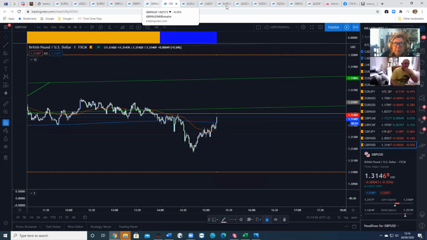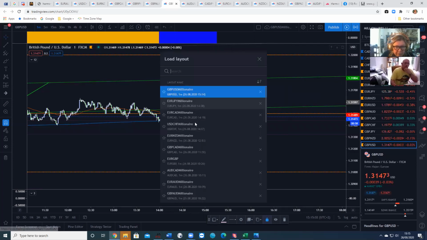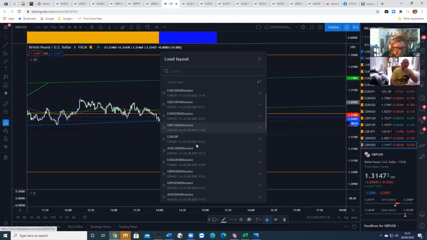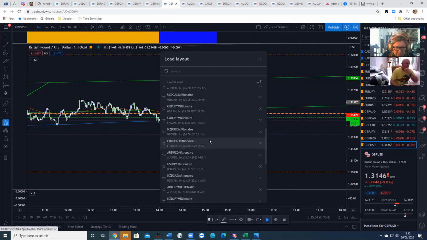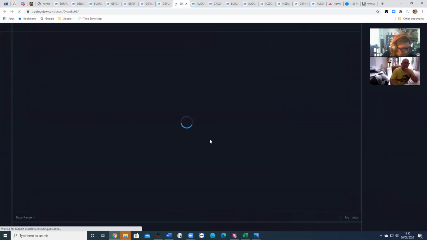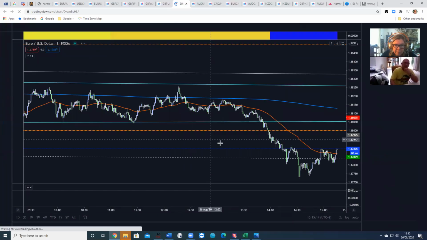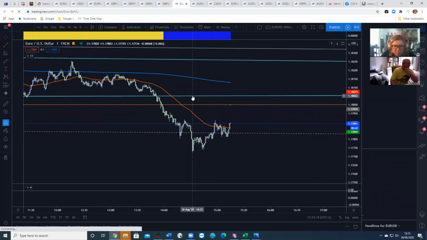Euro USD I wanted to look at, and I didn't seem to have that open. I don't think I've looked at that today. There. So I have that there, remove that.